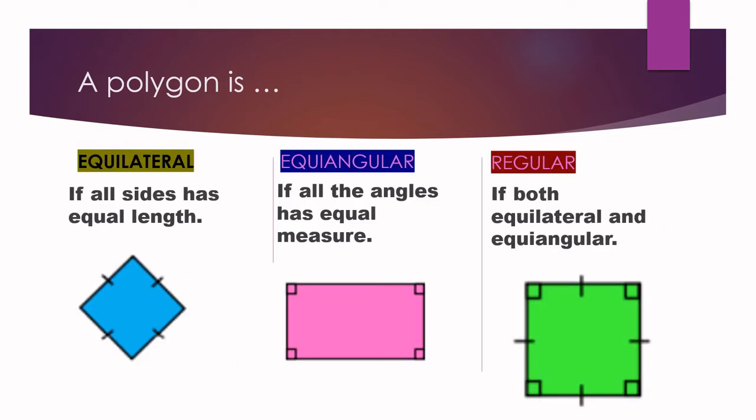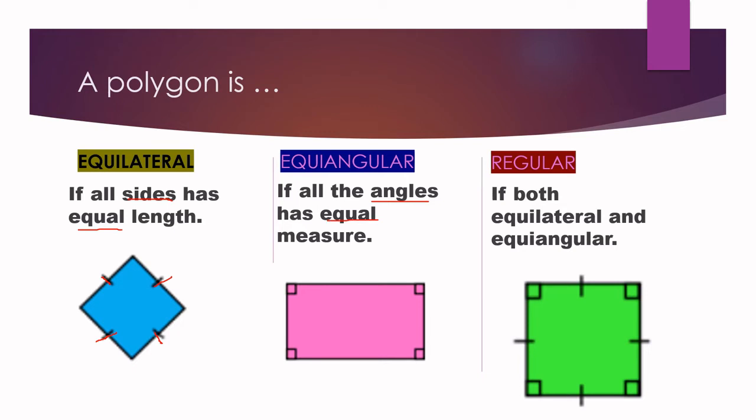A polygon is said to be equilateral if all sides have equal length. So, kung kapare-parehas ang measure ng sides nila, therefore, it is equilateral. A polygon is equiangular if all angles have equal measures.